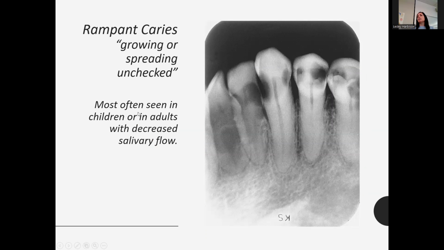So there's rampant caries. Most oftentimes you're going to see this in kids whose diet's maybe very bad. They're going to bed with a bottle with juice. They're constantly sipping out of a sippy cup with juice or soda. Or milk too, for sure.